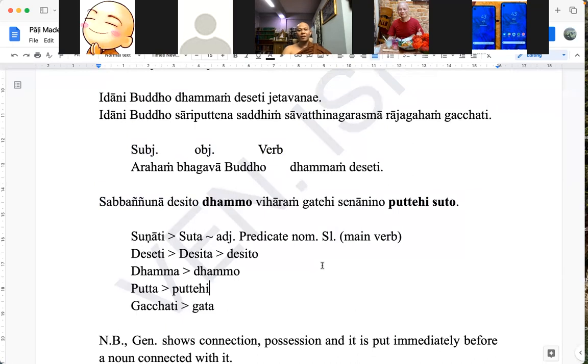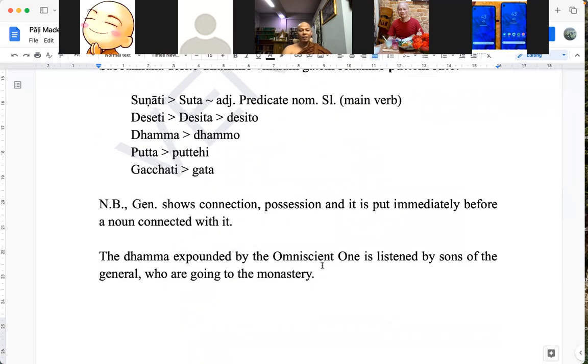The English translation: the Dharma expounded by the omniscient one is listened to by the sons of the general who are going to the monastery. If we want to say the sons of the general who are going to the monastery to listen to the Dharma expounded by the omniscient one, would the Pali be the same or different? The same, actually the same.